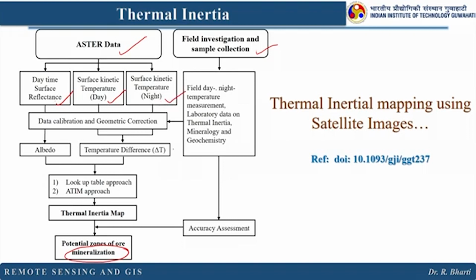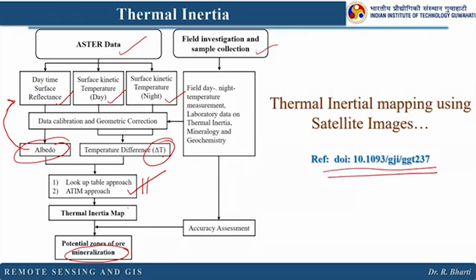Then using these you can calculate the delta T between morning and night, and at the same time albedo can be calculated using the daytime surface reflectance. Once you have that, you can calculate this thermal inertia using a lookup table approach or maybe using the ATIM approach. If you want to know these methods, please refer to this particular paper.